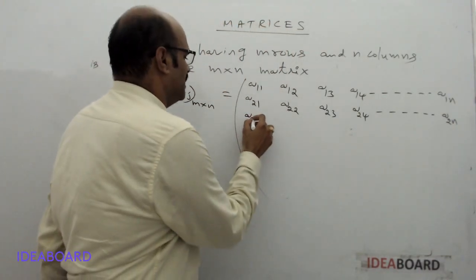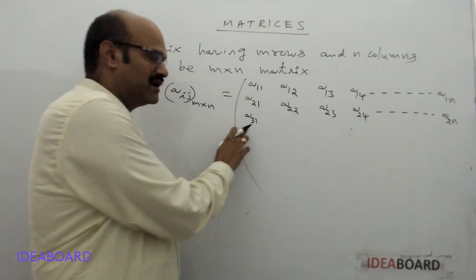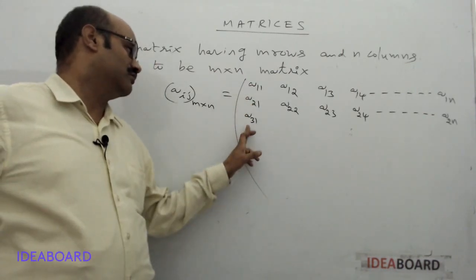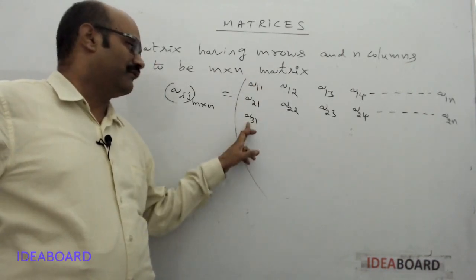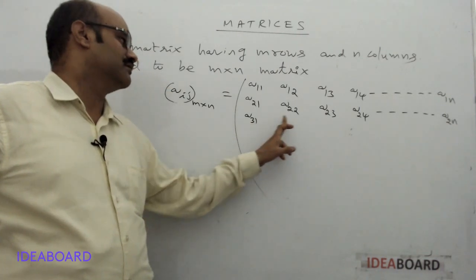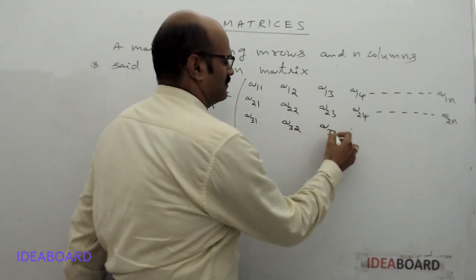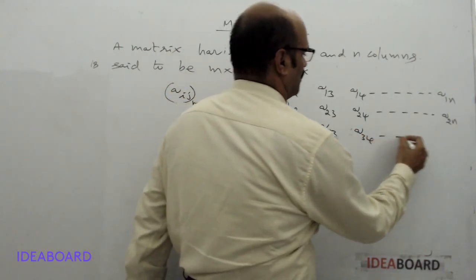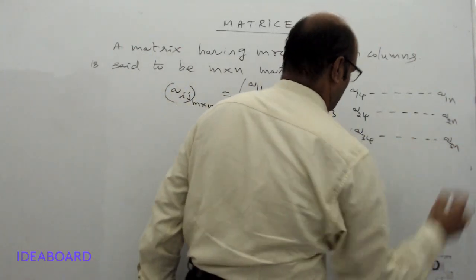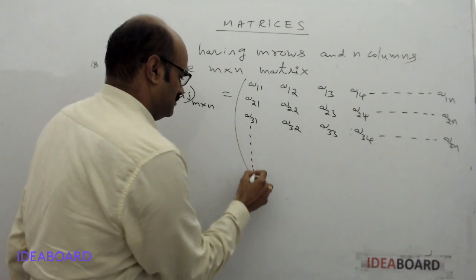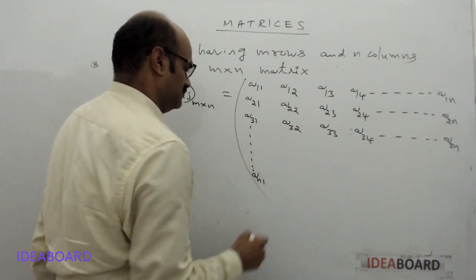Next A31. This element lies in third row and first column. So A31, A32, A33, A34 and so on. A3n, Am1.